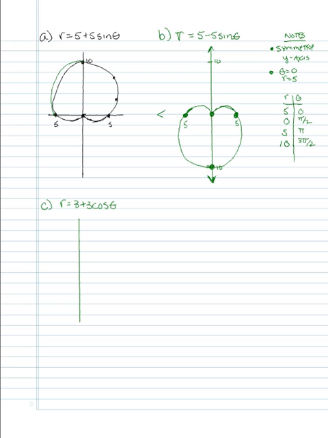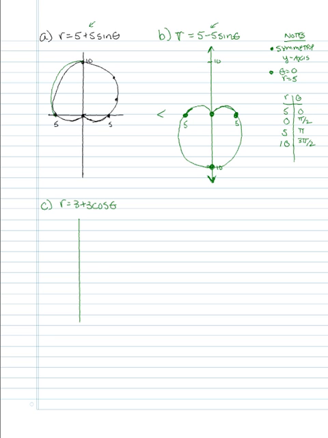Well, that had to do with where r was the biggest value, and of course r is going to be the biggest value when we basically have a sine value that's positive because of that plus here. In this case, r is going to be the biggest value when the sine has a negative value because we've got to offset the minus sign that we have there. And so when we have an angle that is going down is when we would expect the biggest r value there. And it's almost like if we have that plus, most of the graph is above the x-axis. If we have that 5 minus 5, most of the graph is below the x-axis.